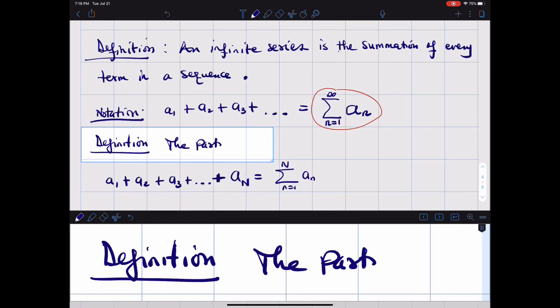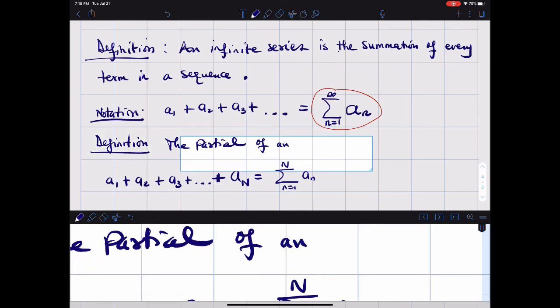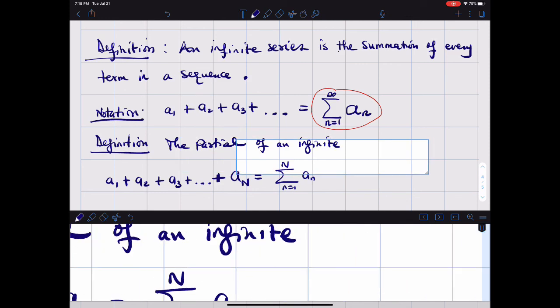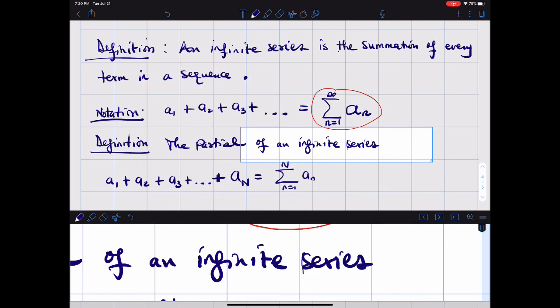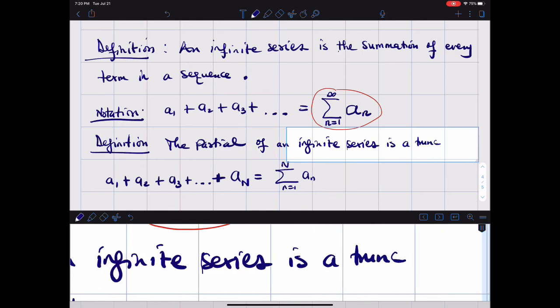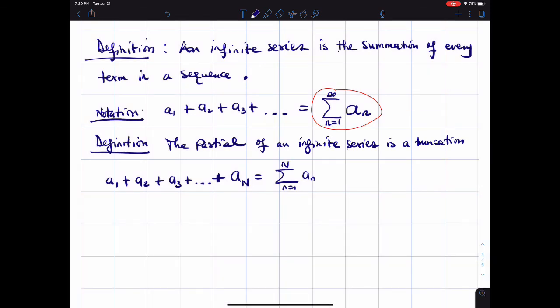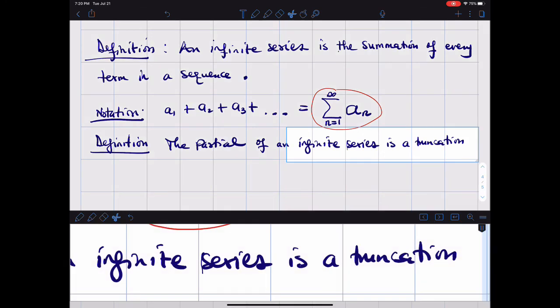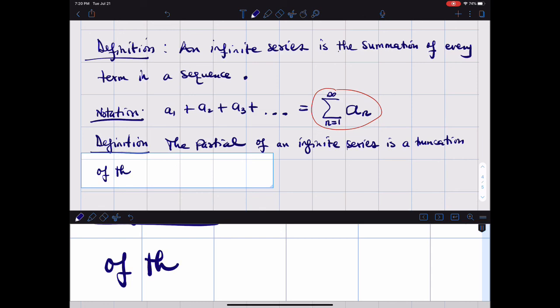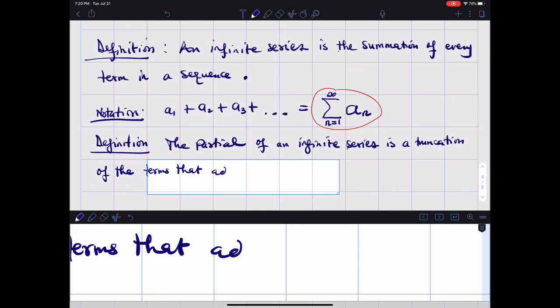The partial sum of an infinite series is just a truncation of the terms that add up to form the series.